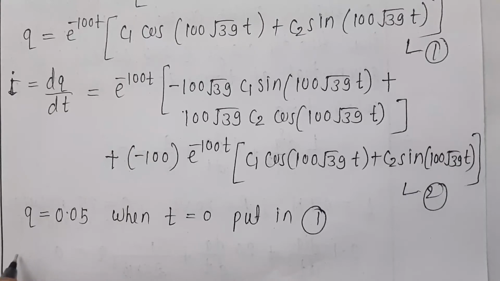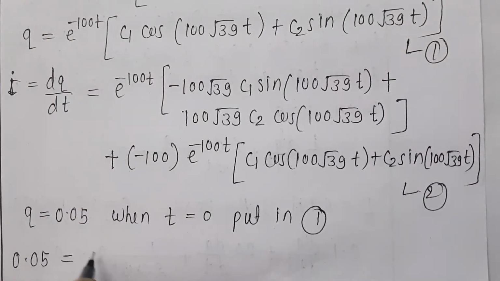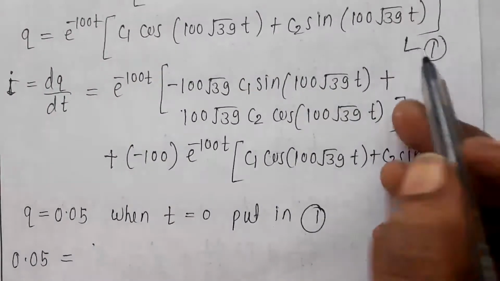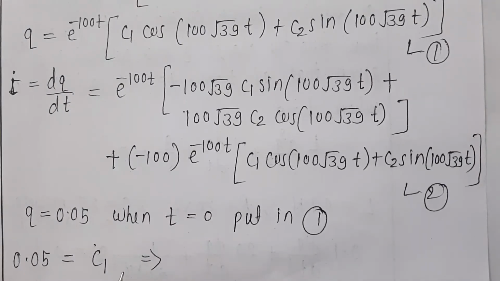So it becomes 0.05 is equal to e to the power minus 100 into t, t value is 0, so it is 1. C1 cos 0 is 1 and sin 0 is 0. So this is equal to C1. C1 is equal to 0.05.